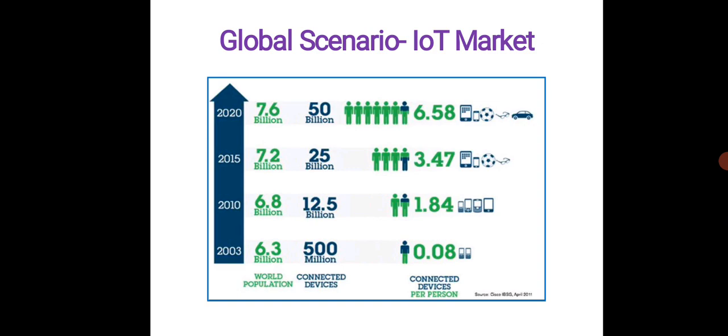The left side gives the world population from 2003 to 2020, and on the right hand side you can see how many devices a person could get connected. In 2003 it is almost not even a single device, but by 2020 you could see almost 6 to 7 devices connected per person.